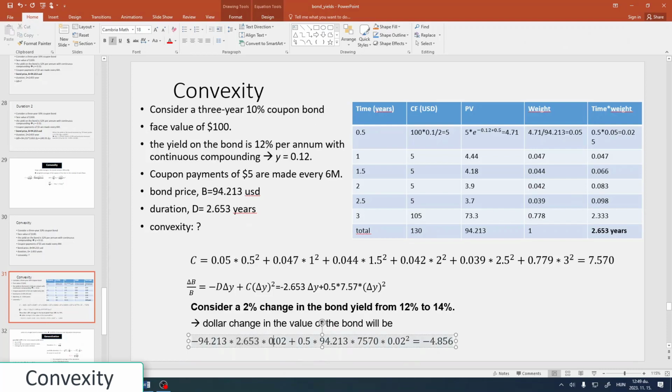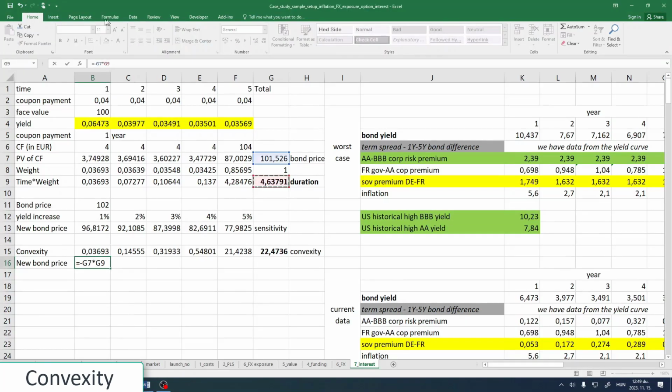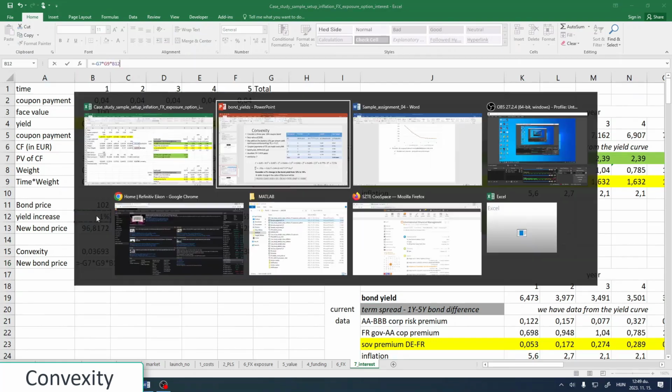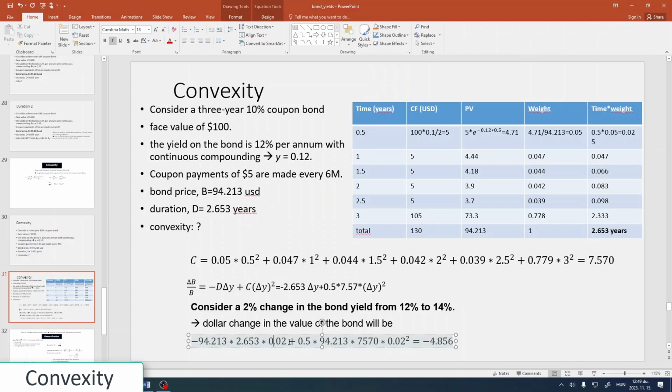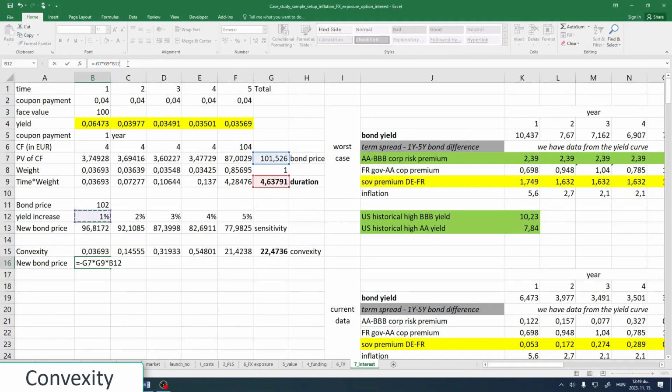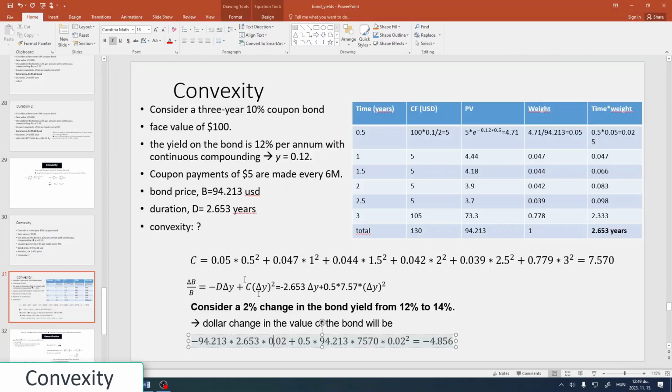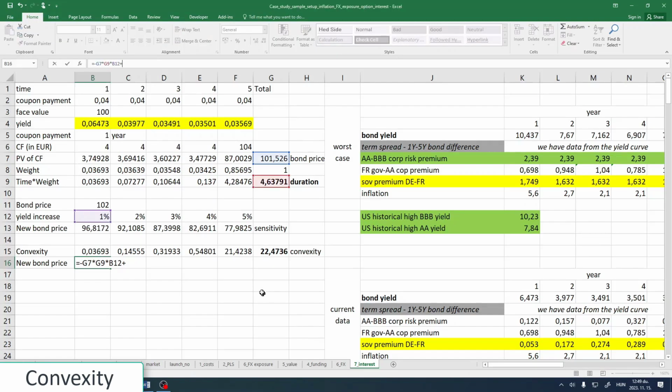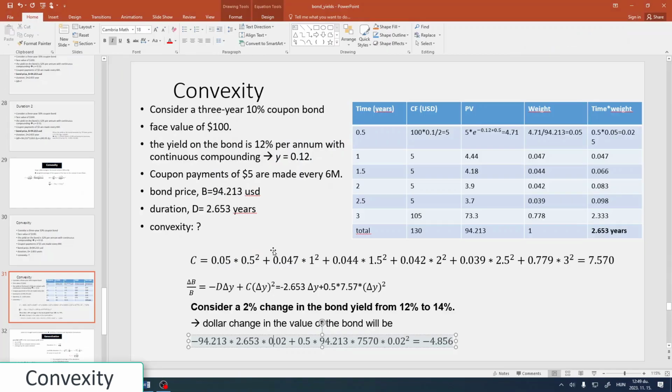Then 0.2. Where does this come from? The individual. Yes, the yield. Yes, yield. Obviously, because this is what we did last time. And plus all the squares. So time again multiplied by convexity.